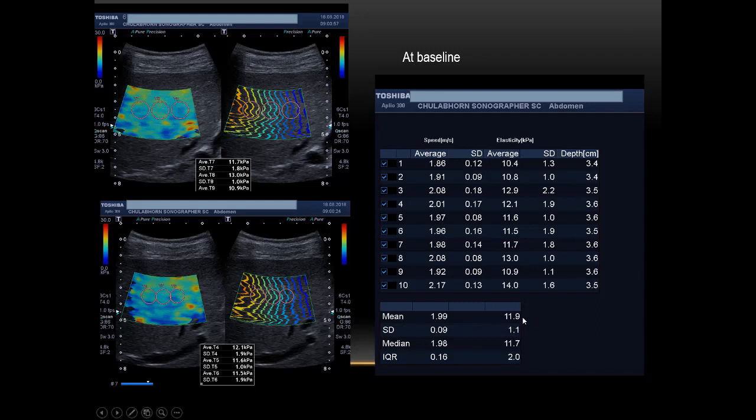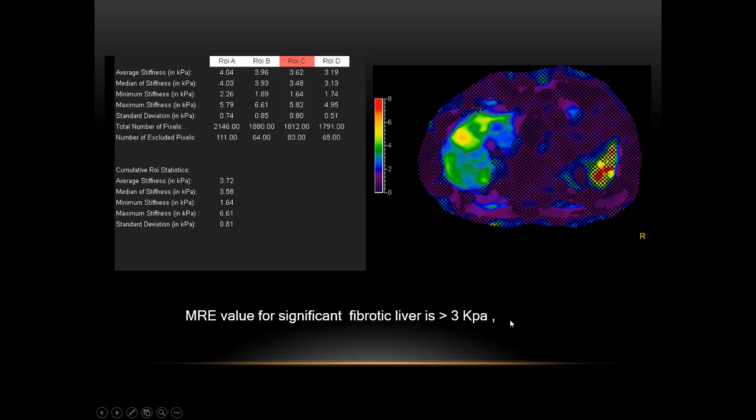So 1/4 of the patients can get falsely high elastography. The patient underwent MRE. It confirmed that the patient also has significant fibrosis on MRE. More than 3 kilopascal is considered high for MRE. So this one is reconfirmed for advanced fibrosis.